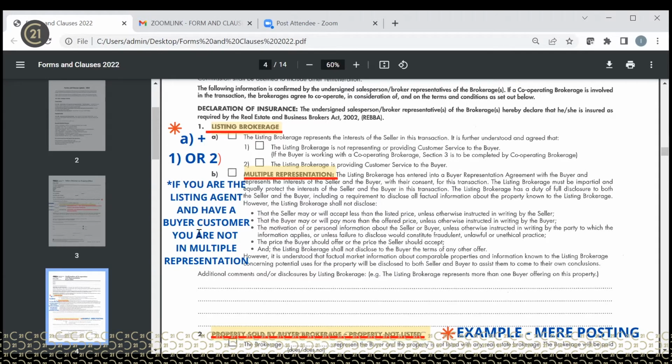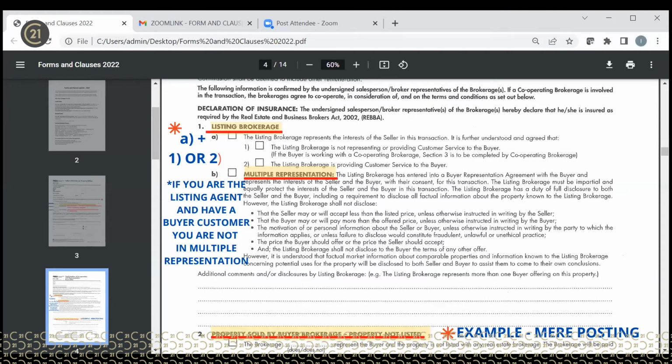The next one is multiple representation. There is a lot of misunderstanding that if you are the listing agent and you have a buyer customer, that you are in multiple representation. This isn't true. If you're the listing agent and you are providing customer service to the buyer, you are not in multiple representation.